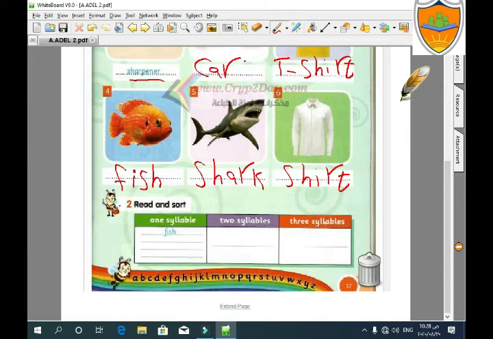Read and sort. We will write here words from one syllable like fish and car, shark, and shirt.